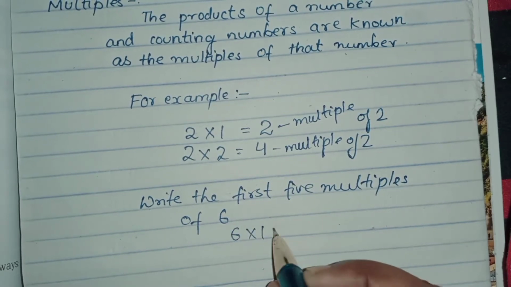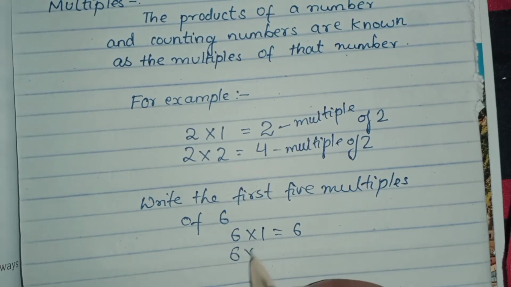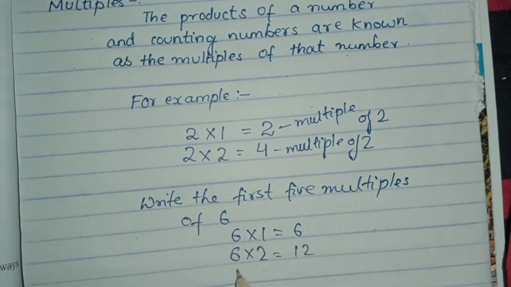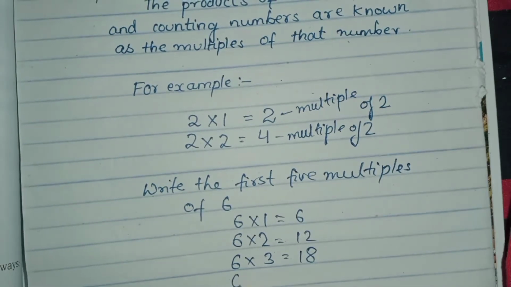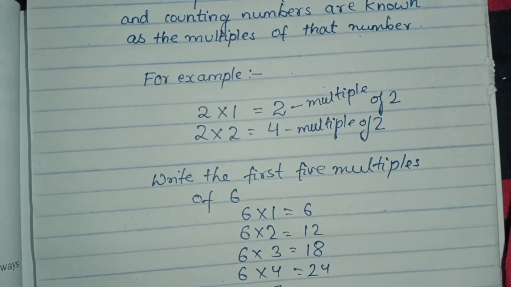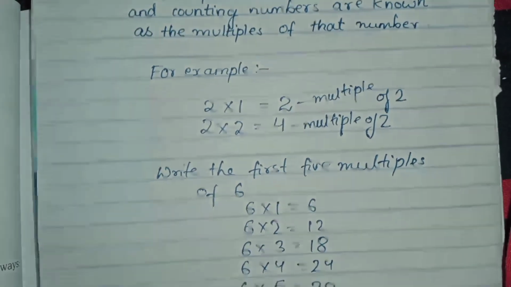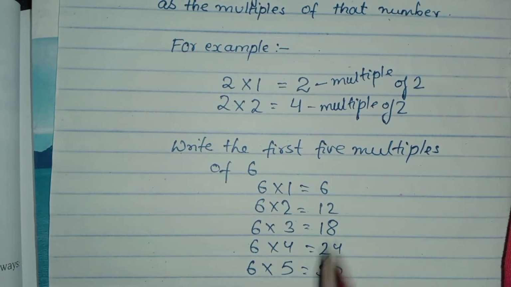6 1s are 6. This is the multiple, 6 is the multiple. 6 2s are 12. 6 3s are 18. 6 4s are 24. 6 5s are 30. So these are the first 5 multiples of 6: 6, 12, 18, 24, 30.